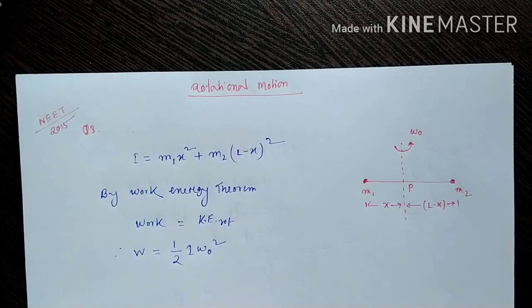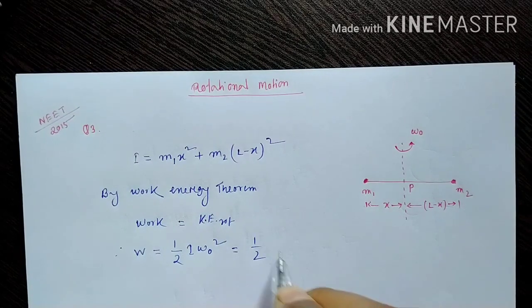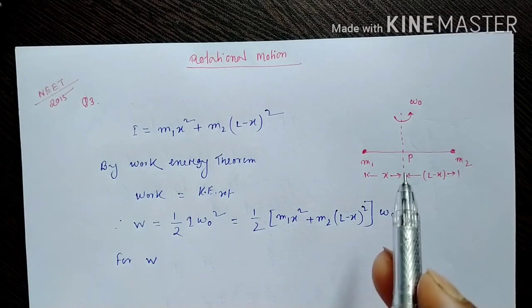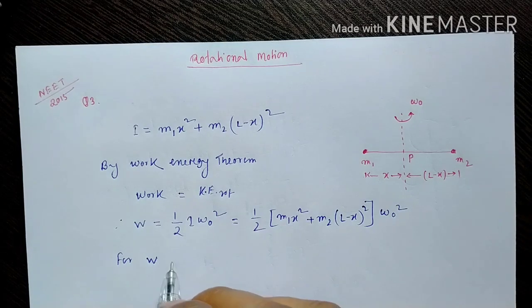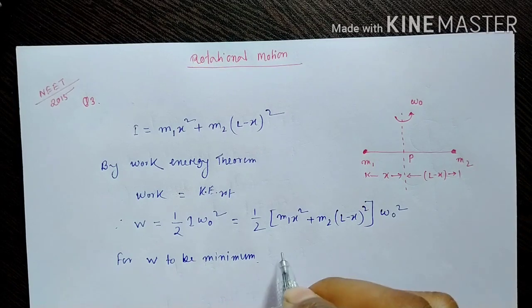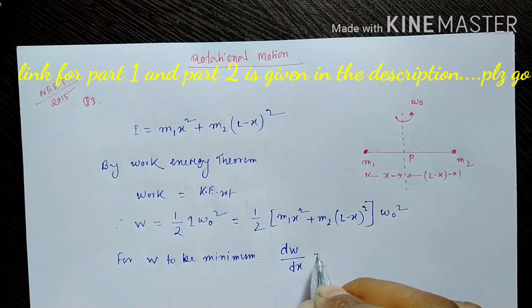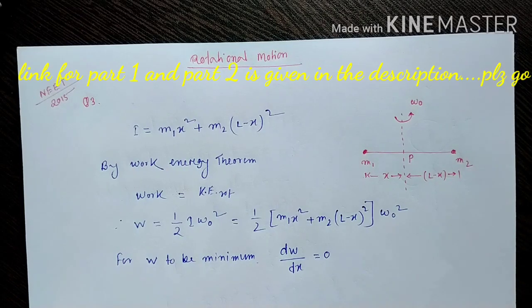In this case omega naught is given. Simply put the value of I. For minimum angular velocity, I has to be minimum, it becomes a constant value, so dI by dx becomes 0.